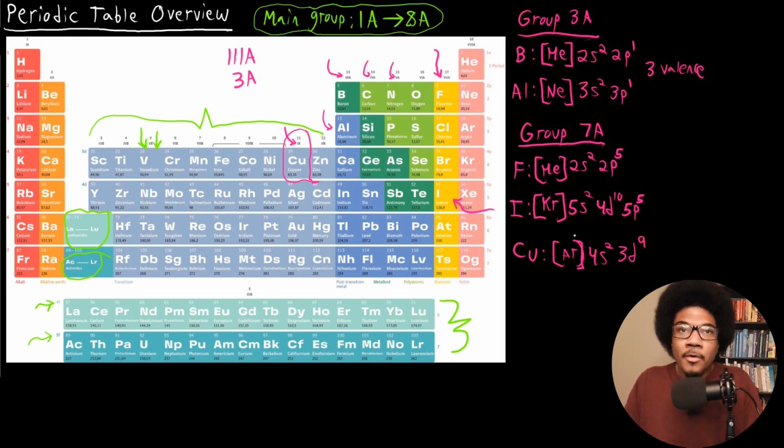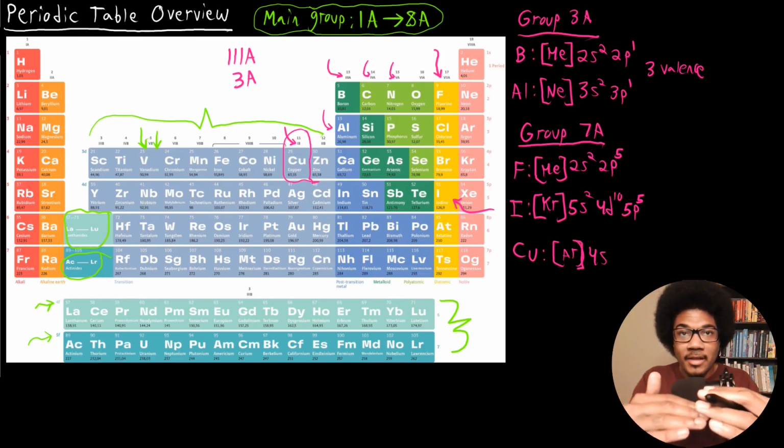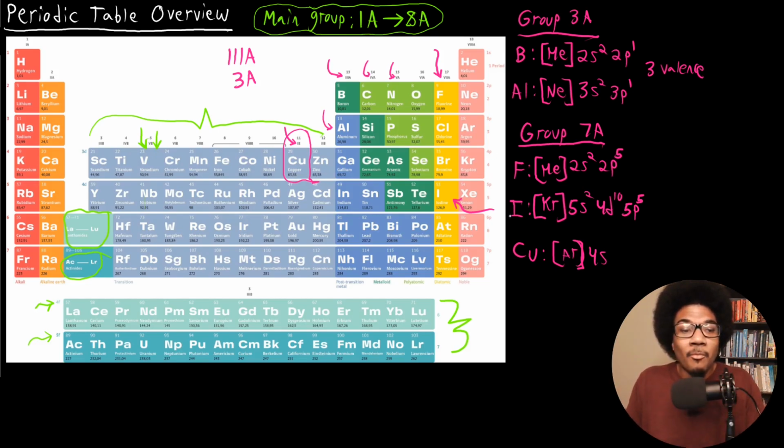So you might think, okay, copper would have 11 valence electrons, since you have 9 in the 3d and 2 in the 4s. This is actually incorrect. What happens with copper is that because the 3d and the 4s are so close in energy, the one electron in the 4s is actually going to fill the 3d shell in order to make that stable 3d10 subshell.